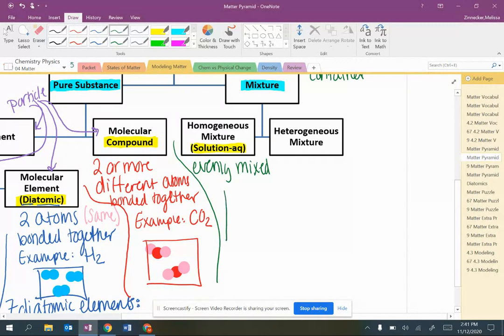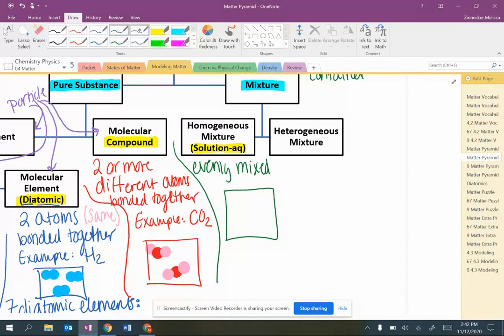So let's say I have a container. I like to think of this as like a trail mix, where sometimes you've got raisins, you've got peanuts, chocolate pieces, and they're all evenly mixed together. So when you take a scoop of trail mix, you don't just get just the chocolate. You get a nice even mix for the most part of all the different parts of a trail mix.